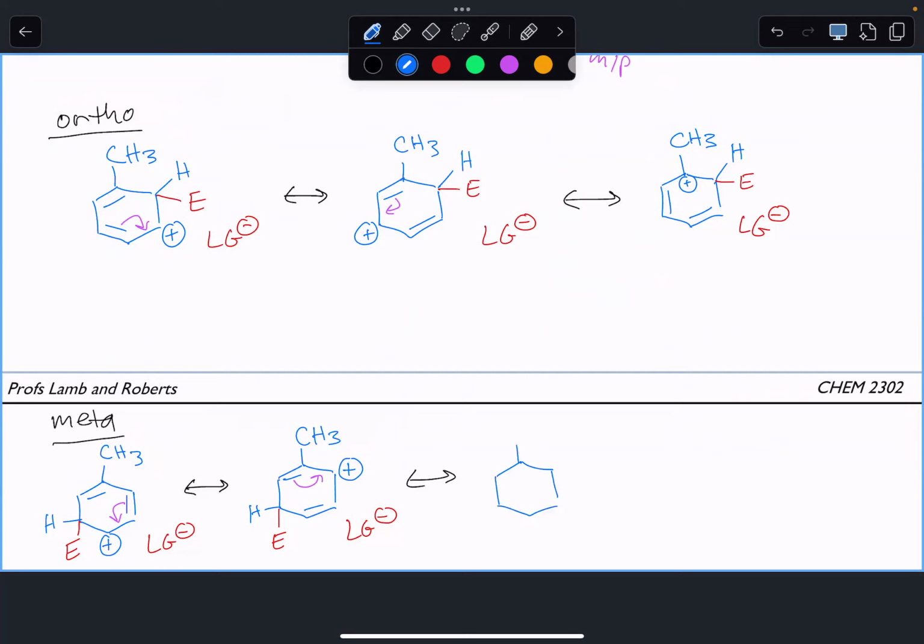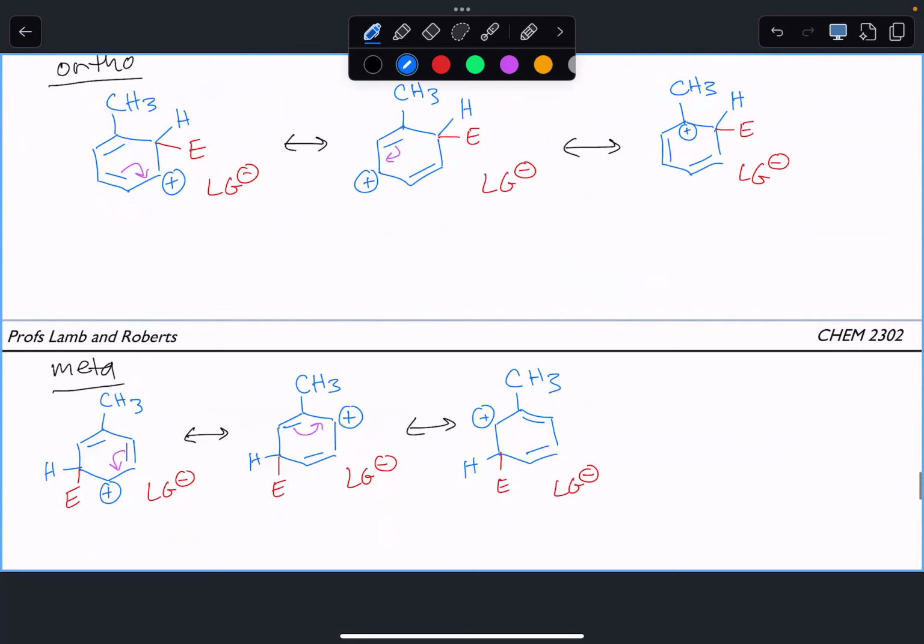Just draw my last one. So what didn't change? That didn't change. Here, here, here. Okay. Now we have to look at the stability of these carbocations, right?